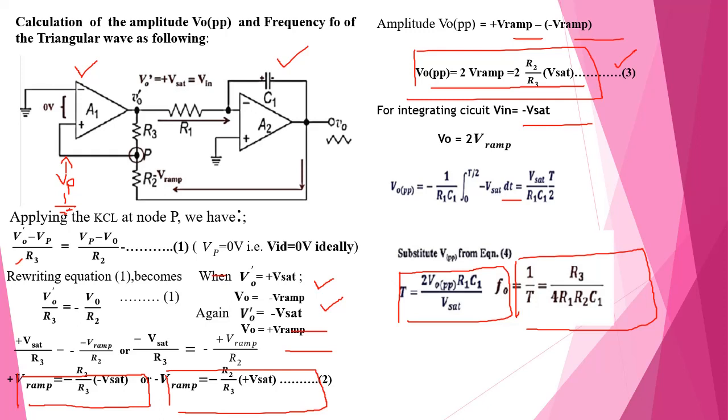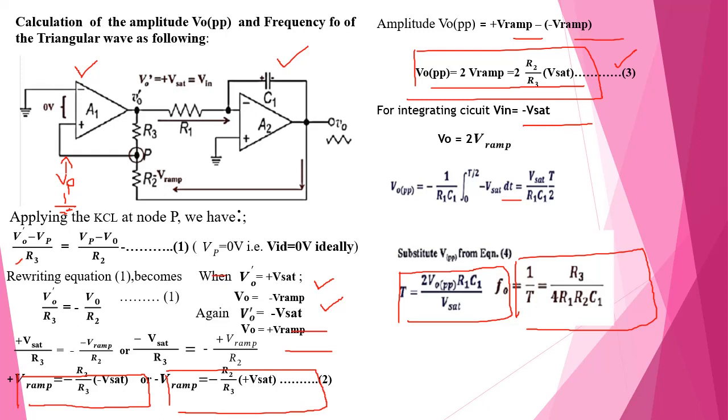Now let us understand this particular point Vp. Applying KCL at this node, we have (V0 dash minus Vp) divided by R3 plus (V0 minus Vp) divided by R2 equals 0.